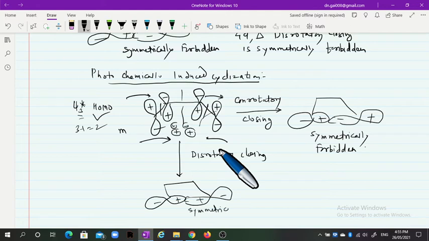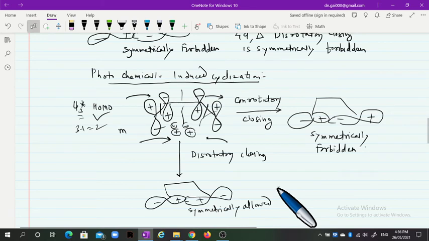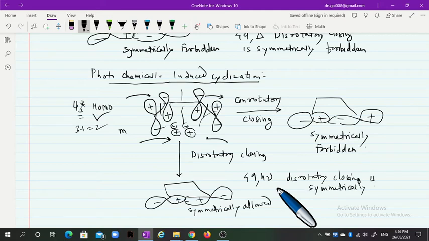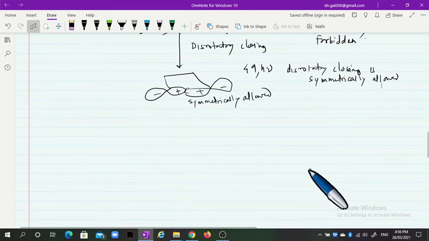Therefore we can conclude that for the 4q system, photochemical disrotatory closing or opening is symmetrically allowed.